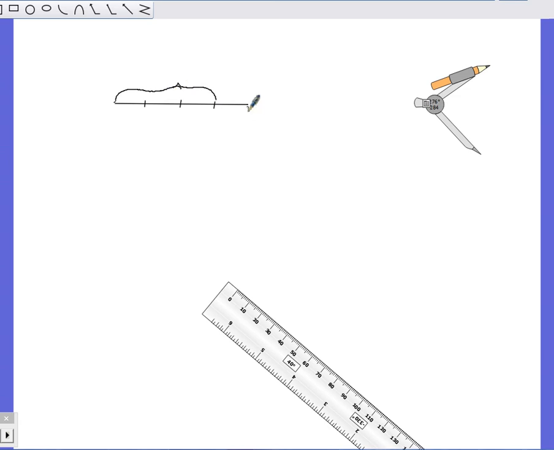So technically, if I have a line segment, if I cut it in half and I cut this in half, I now have 1/2 plus a quarter. 1/2 plus 1/4 is, well, this is really 2/4 plus 1/4. So in total, it's 3/4. All right, so this length would be 3/4 the size.